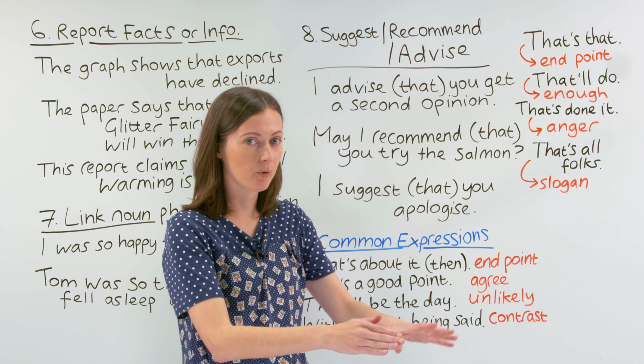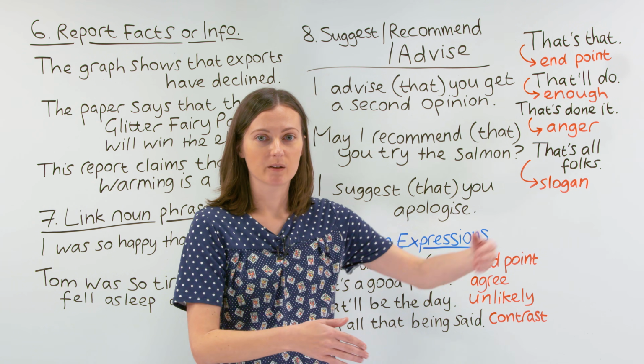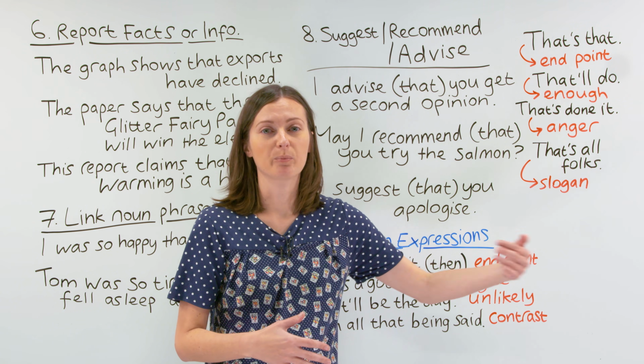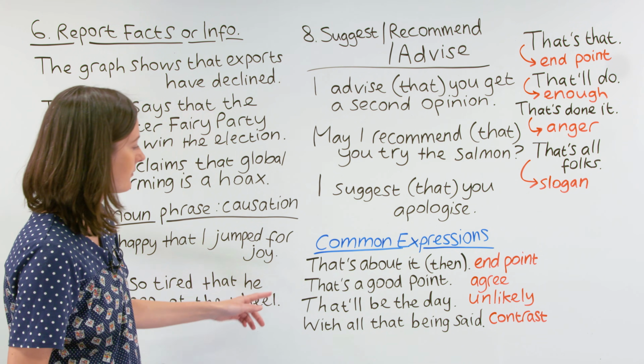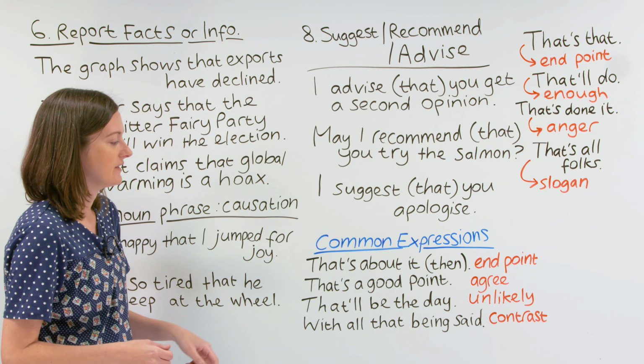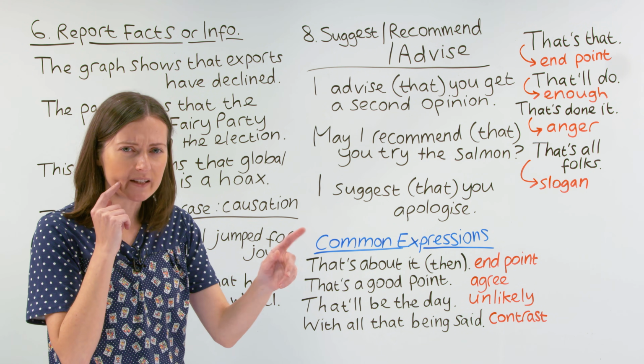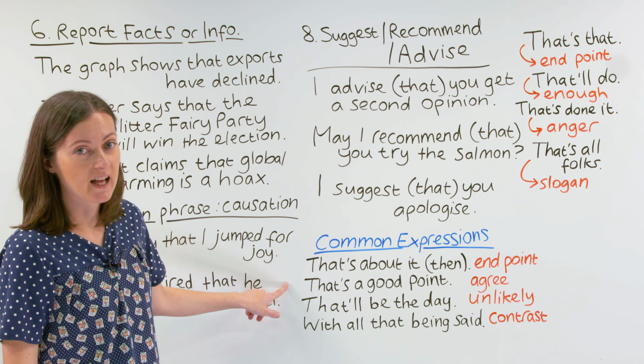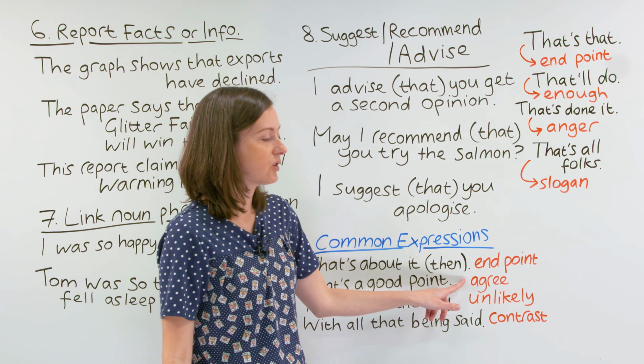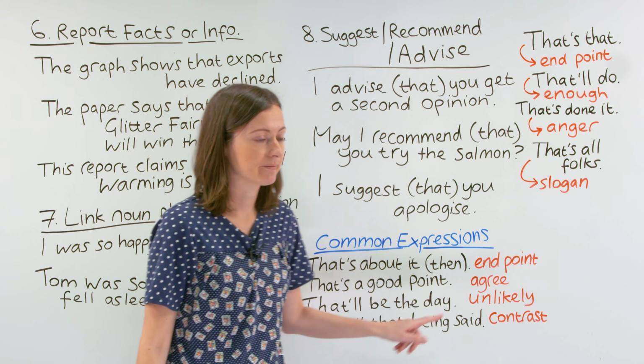This is the end of my point. And then the other person will reply or start speaking about something else. Another expression is, that's a good point. When somebody says that to you, they agree with what you're saying.